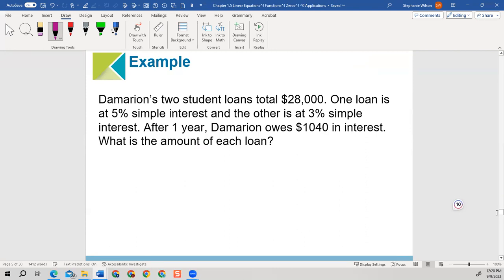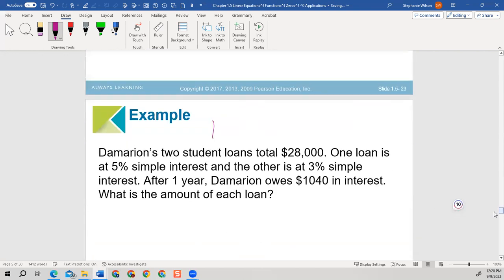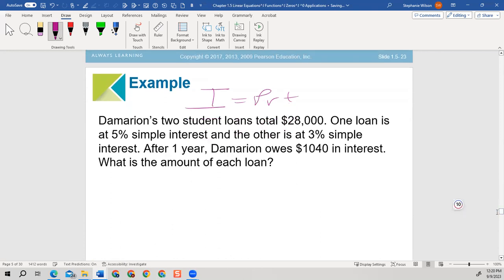So again, the formula was, let's go back and get the formula. I equals PRT. Now we want to figure out how much interest they actually paid. It says he owes this much in interest. We want to know what is the amount of each loan.